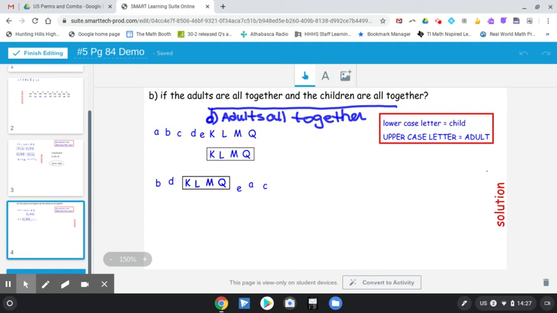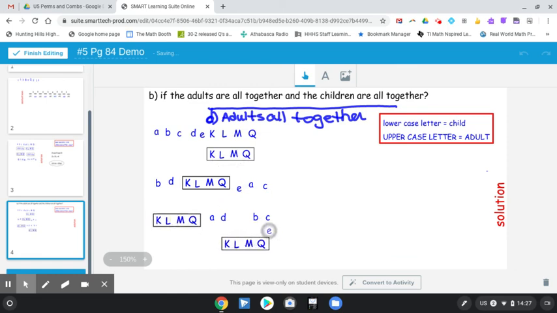So let's try another one. Maybe the adults will go at the very front, and then the kids are going to come down here in any order. Let's go A, D, E, B, C. Or maybe the adults are second from the back.